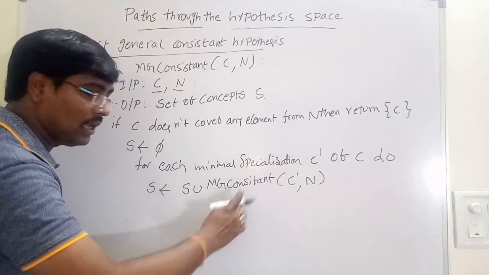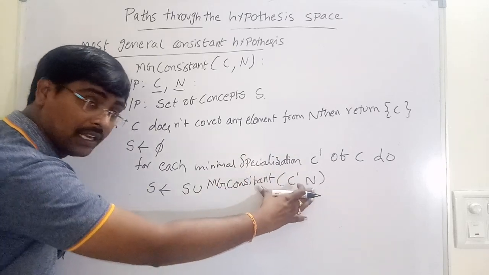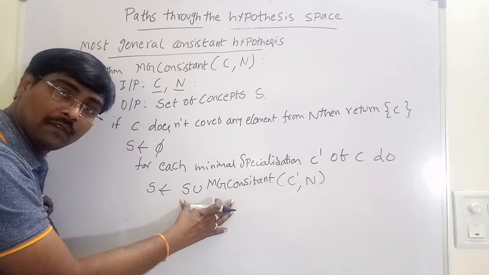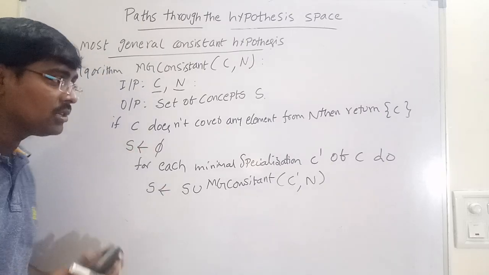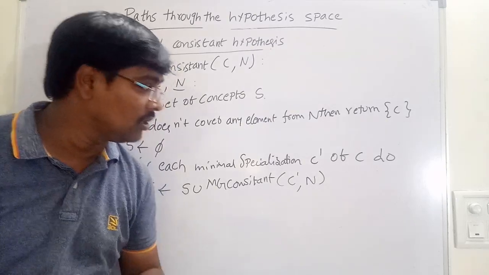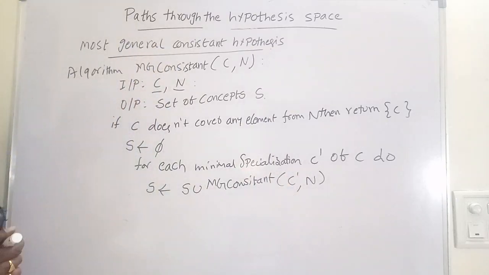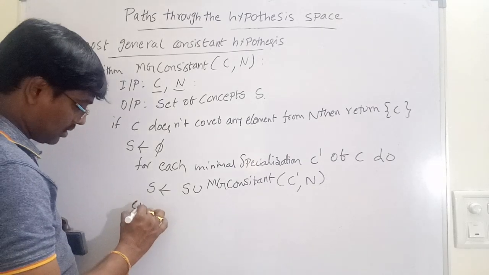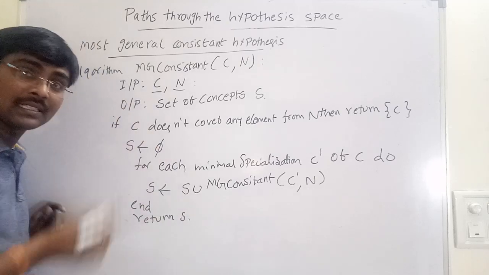So recursively apply the procedure at each and every step. We have to identify the minimal specialization that is added to S. By the completion of this loop, we have found the minimal specialization C dash. That is the end of the loop, and finally return S.